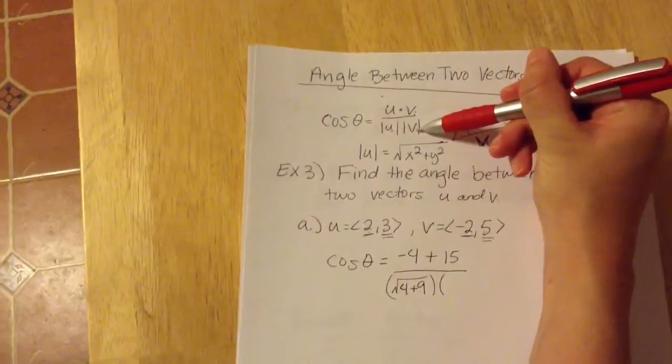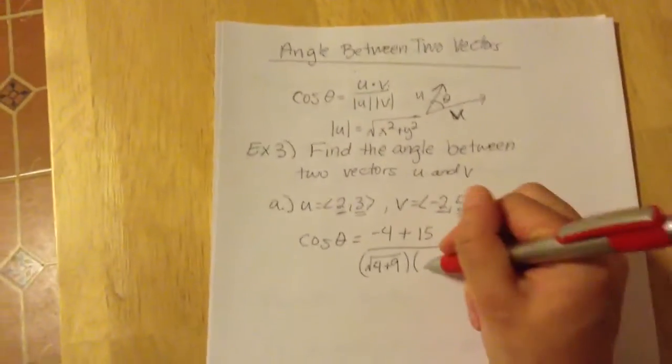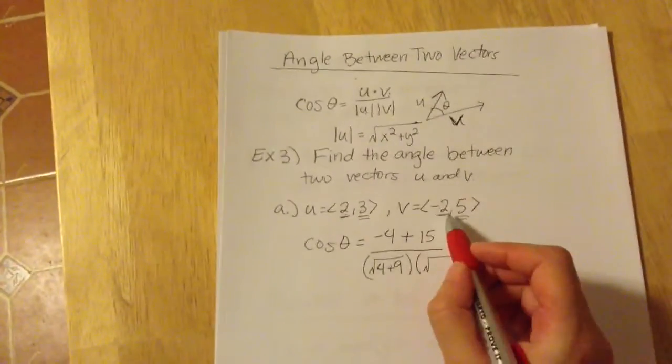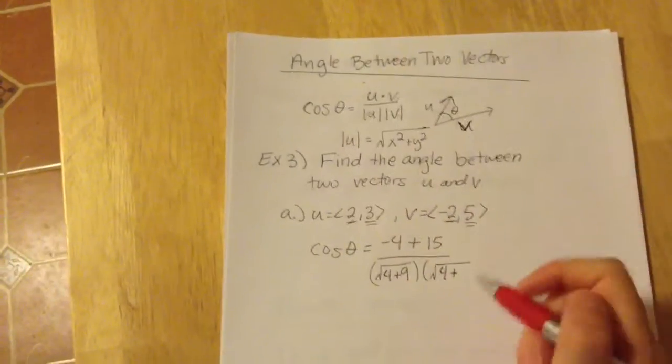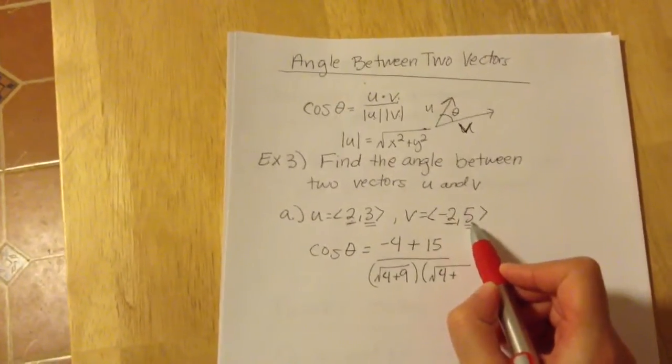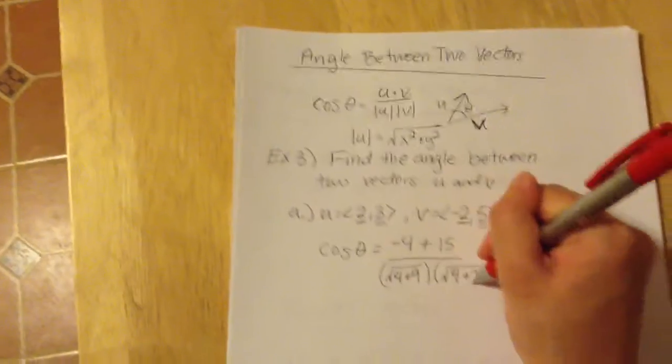For the magnitude of v, I'll be doing the same thing, but for vector v. So the square root of the x-coordinate squared, so negative 2 squared is 4, plus the y-coordinate squared, 5 squared is 25.